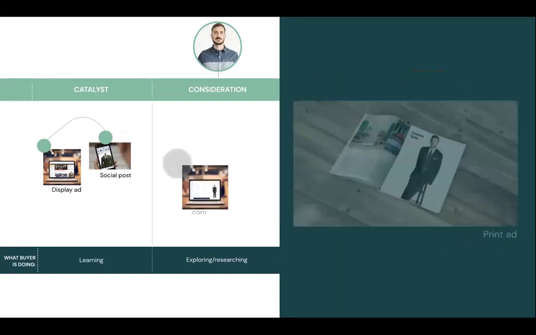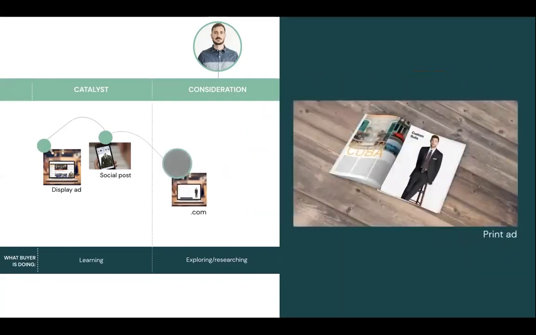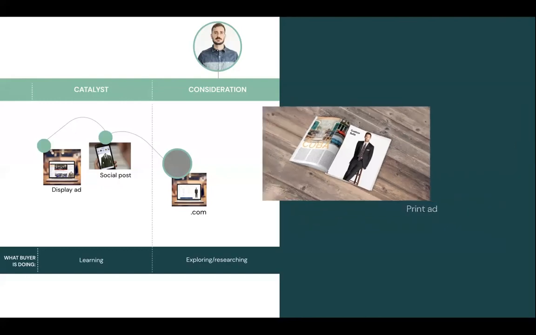Perhaps he's not quite ready to take the plunge. He started the experience, but as he's still considering, he might come across a print ad. And using the same assets that we created for online, we can create offline assets as well. So we are reinforcing the brand as he's going on in his journey.